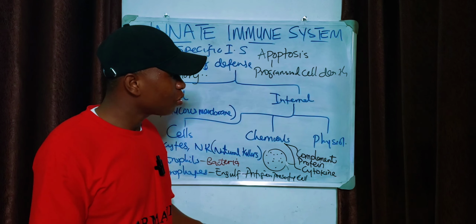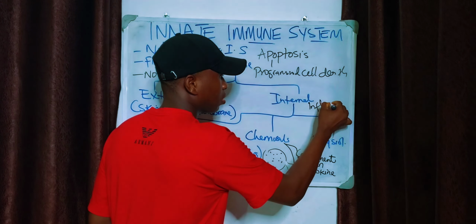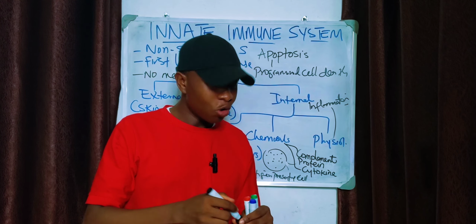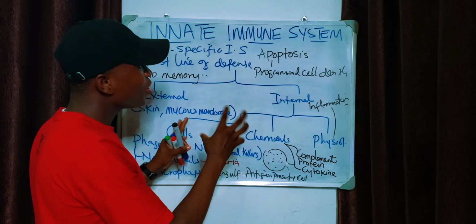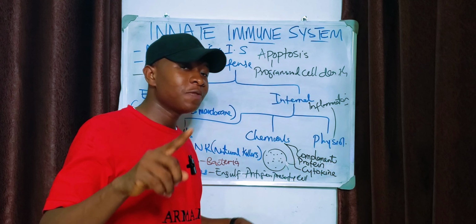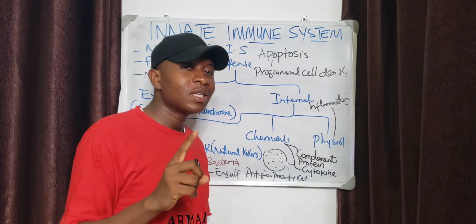Now, physiological factors involve things like inflammation, and so on. So this is a quick overview of the innate immune system. In my next video, I'll be talking about the adaptive or acquired immune system.